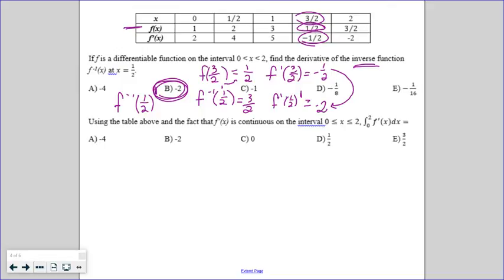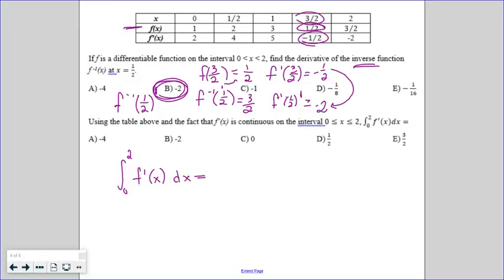All right, and then using again the table above and the fact that the derivative is continuous from 0 to 2, we are supposed to find the integral from 0 to 2 of the derivative. So a reminder on our fundamental theorem of calculus is that the integral can be evaluated by taking the antiderivative.